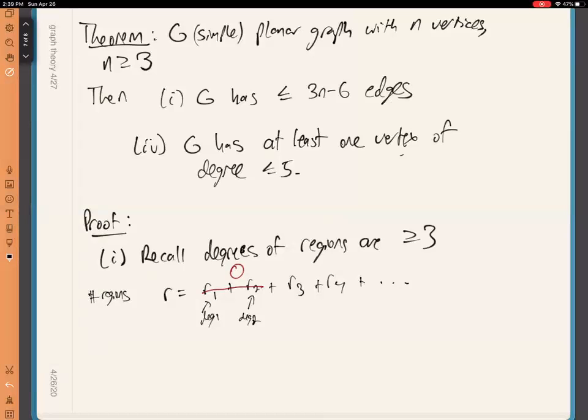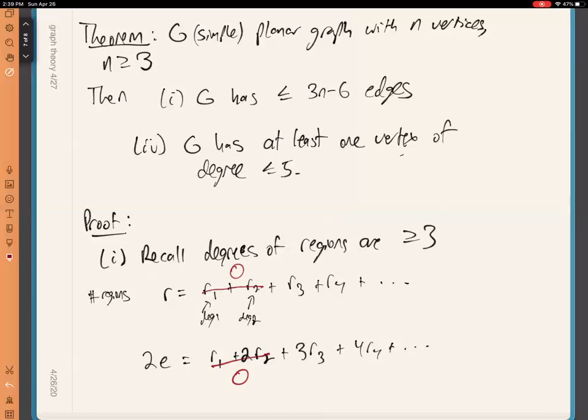We also had this version of the handshaking theorem where twice the number of edges is the sum over all the degrees. One way to write this was: the number of regions of degree 1, plus 2 times the number of regions of degree 2, plus 3 times R3, plus 4 times R4, and so on. But once again, since R1 and R2 are 0, those terms are going to be 0, right?